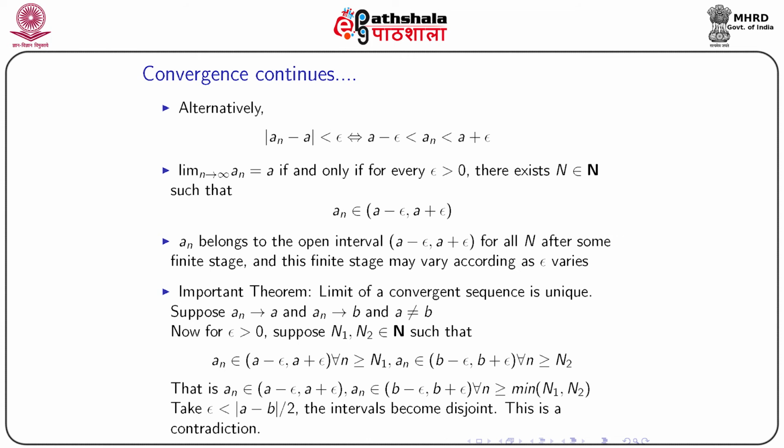So if I take capital N as 1 over epsilon plus 1, now n is an integer. To make it an integer, I am using the box function, the greatest integer contained in 1 over epsilon, plus 1. So this is the N for which the limit goes to 0.